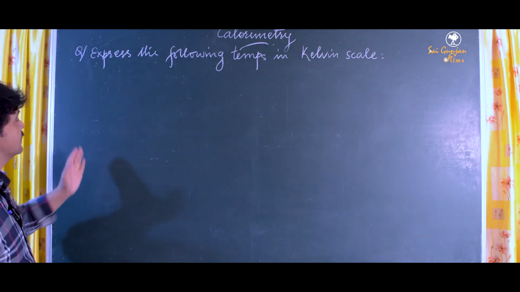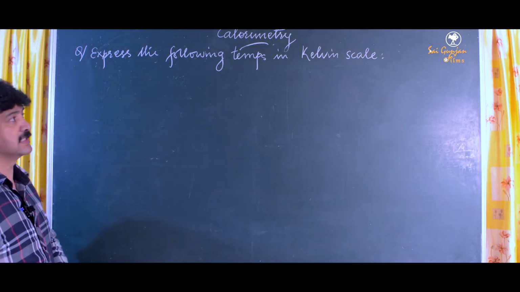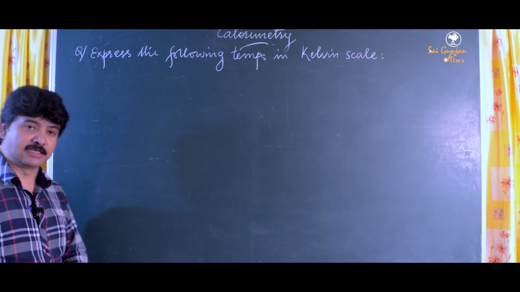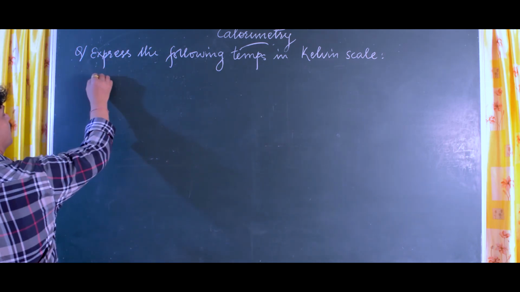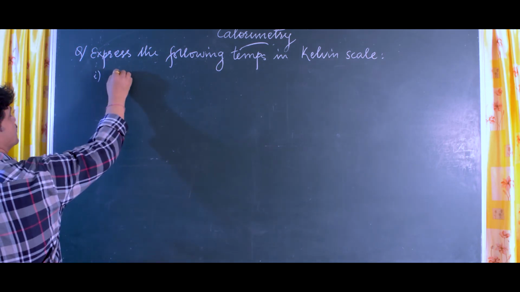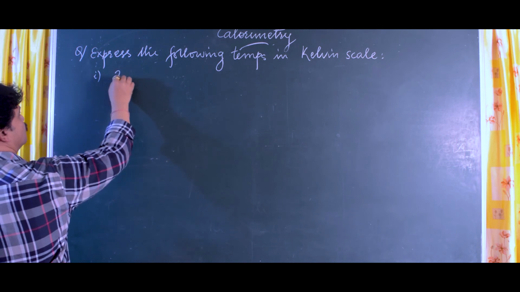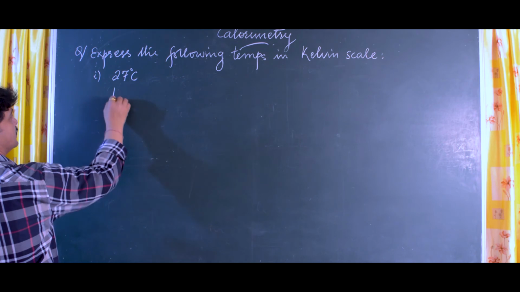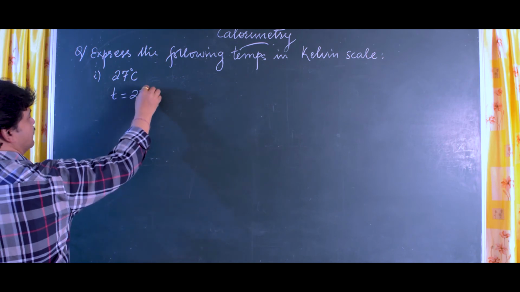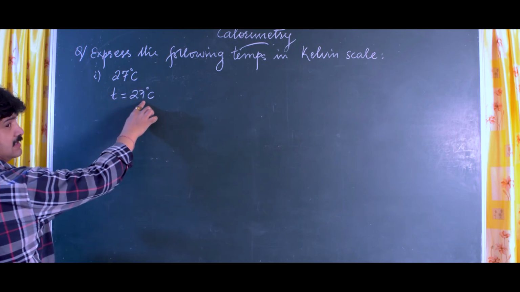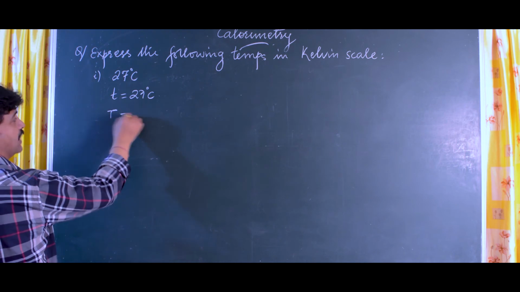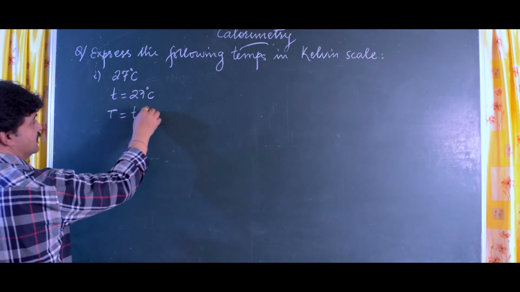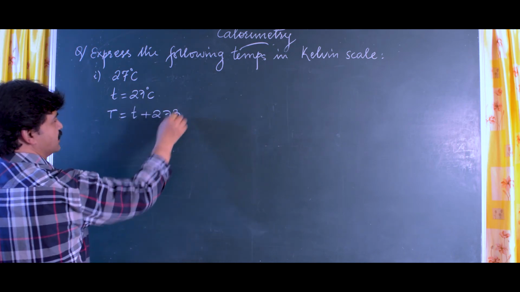Now the question is, express the following temperatures in Kelvin scale. The first question is, let's say 27 degrees Celsius. Small t is 27 degrees Celsius, the temperature in Celsius, and capital T we have to find out, and the formula is t plus 273.